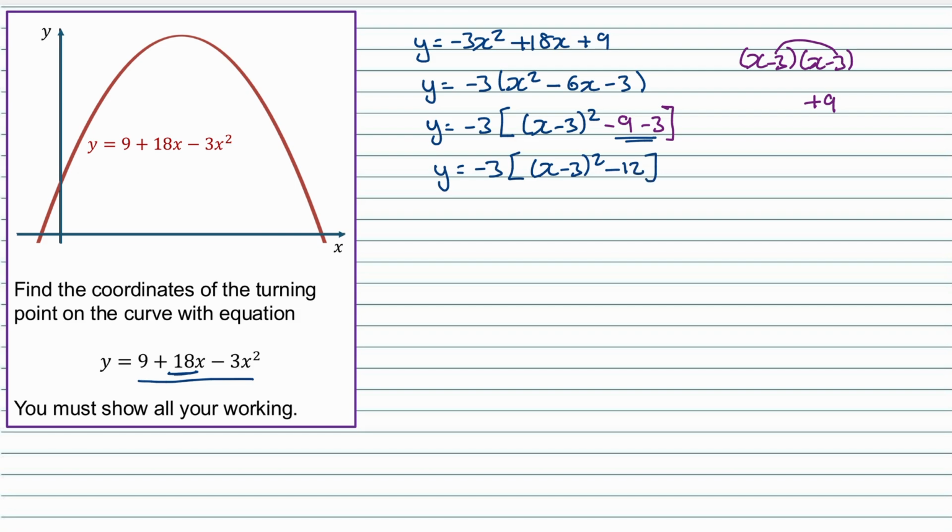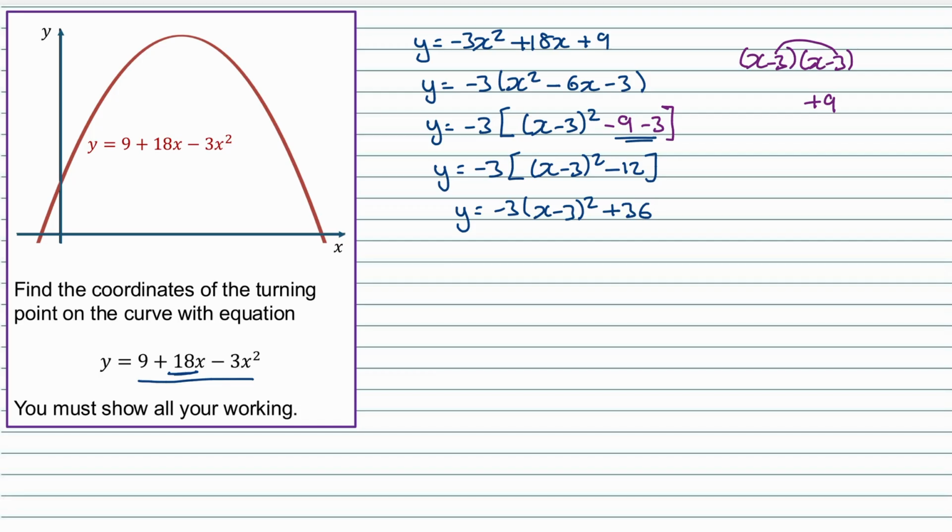And I can tidy this up further by expanding out this negative 3. So we'll get y is equal to minus 3 multiplied by x minus 3 squared. And then the negative 3 times the negative 12 will make positive 36.